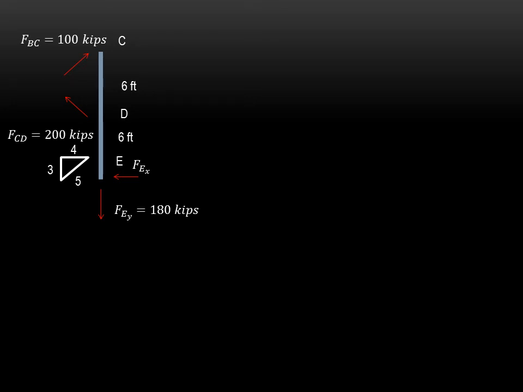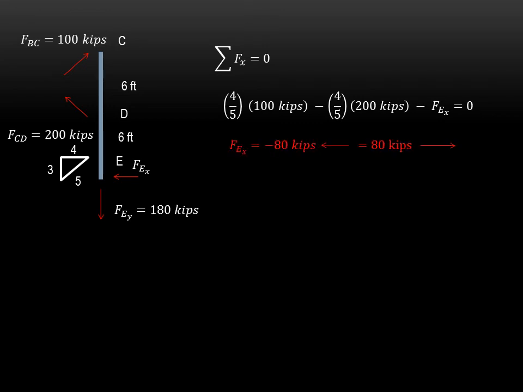To simplify the solution, let us use the force equation. Using the force equation in x, we can solve for F sub x, which is negative 80 kips. We can make it positive by changing its direction.